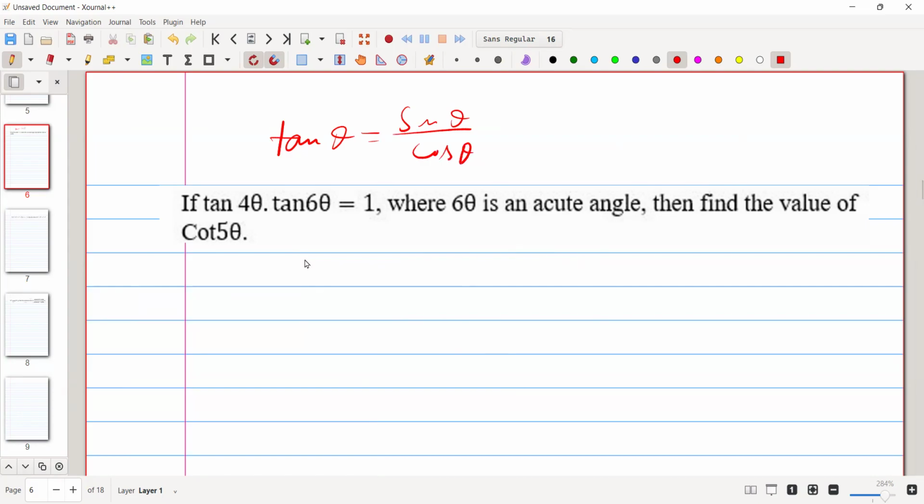So here, if we convert every tan, this would be sine 4 theta by cos 4 theta, and this will also be sine 6 theta by cos 6 theta, and then we can solve this.